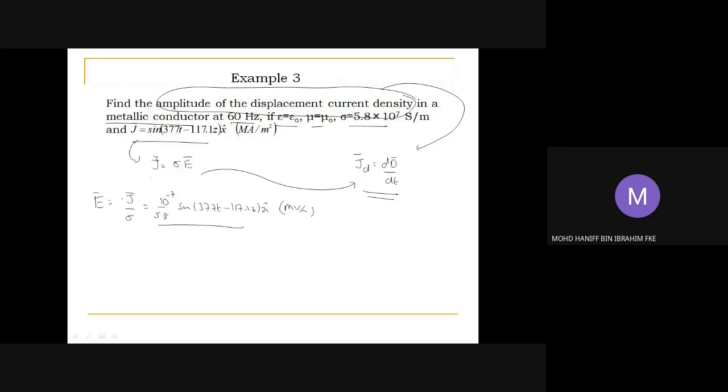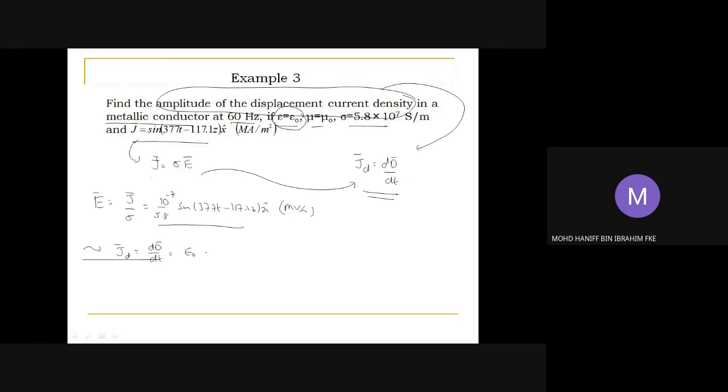So from this relationship, we can find the E field straight away by simply taking the ratio between the J and the sigma, the conductivity, and that should be the E field. And from this, we can find the JD straight away. JD will be simply dD over dt, which will be epsilon naught, because we have learned that the permittivity is just epsilon naught only.